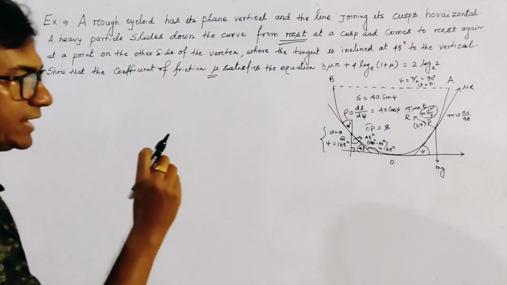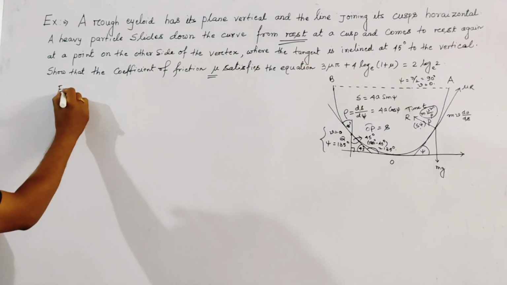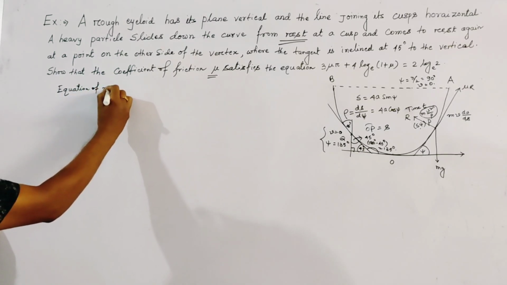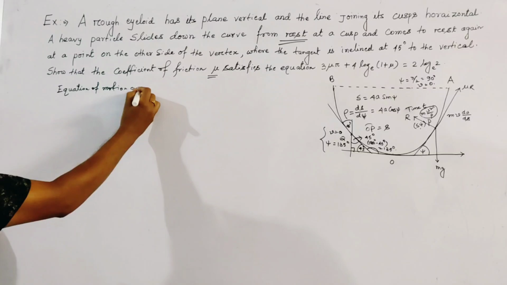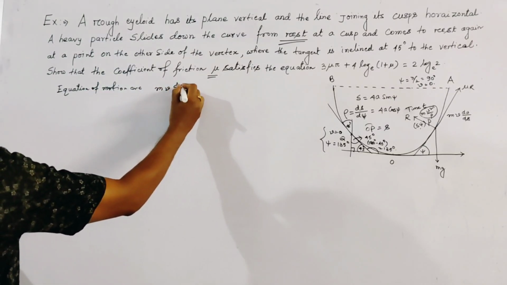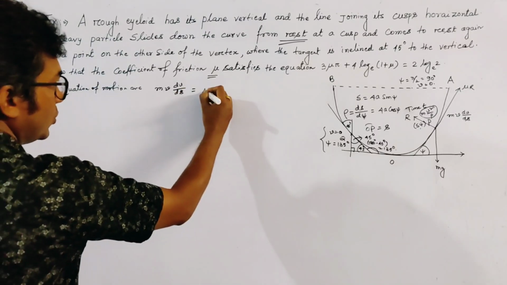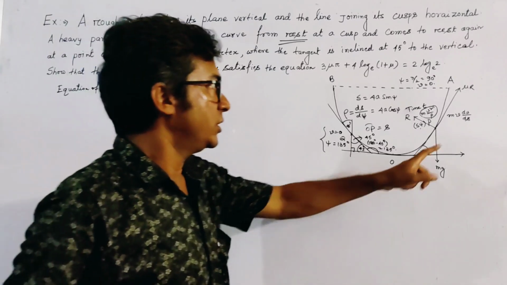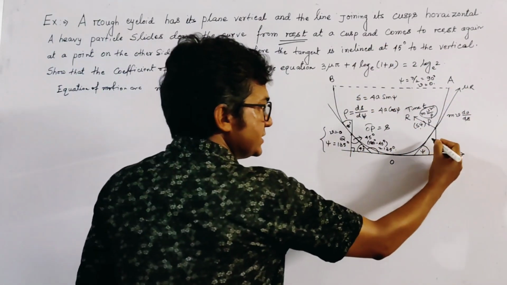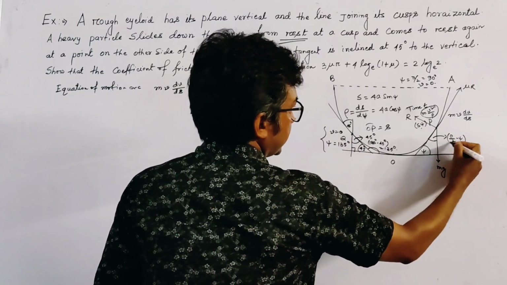Now we write the tangential and normal equations of motion. The first equation of motion, tangential: m v dv ds is equal to, we first add mu R, because mu R is the positive force along the positive tangent, and this angle is given by pi by 2 minus psi.